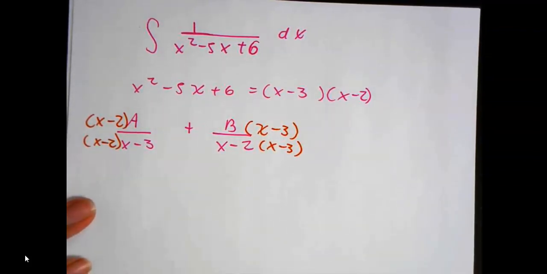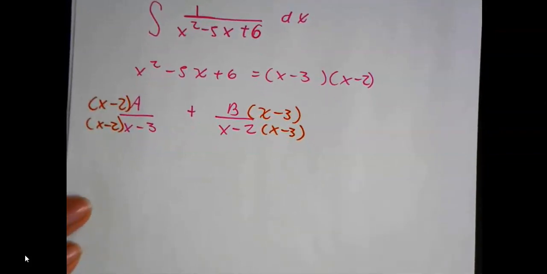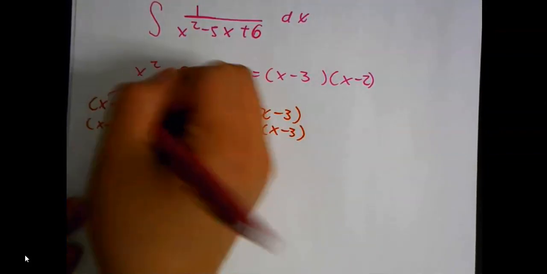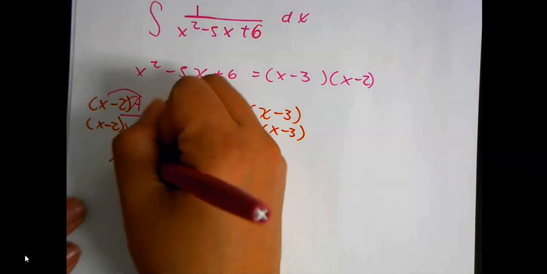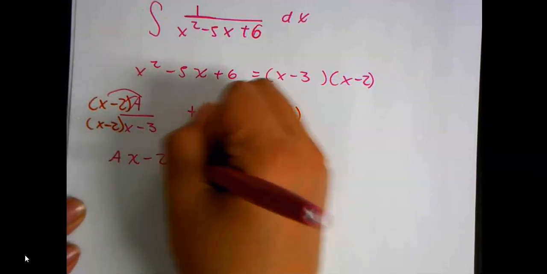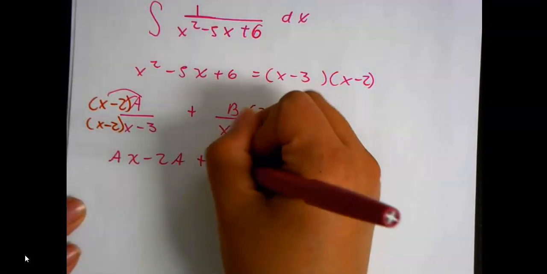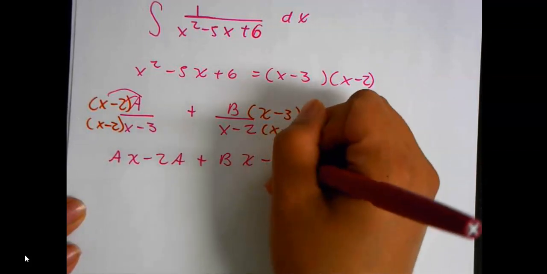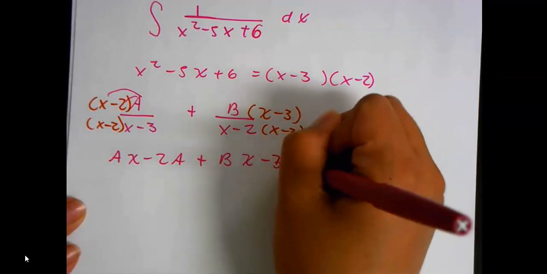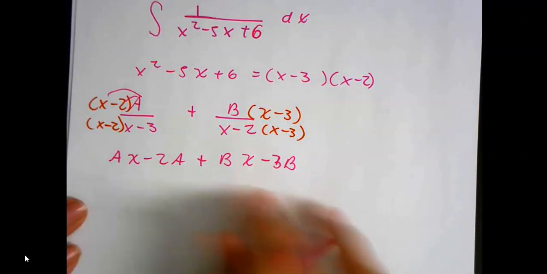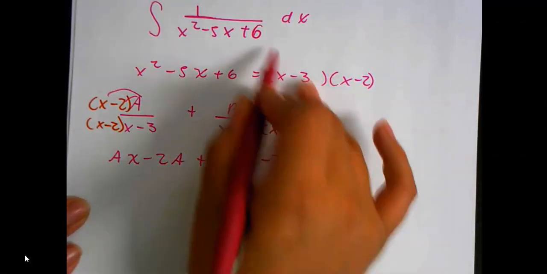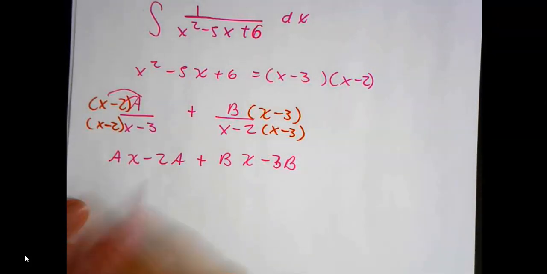What I care about is the numerator. I'm going to distribute the A, so I'm going to have Ax minus 2A plus Bx minus 3B. Again, I care about the numerator.